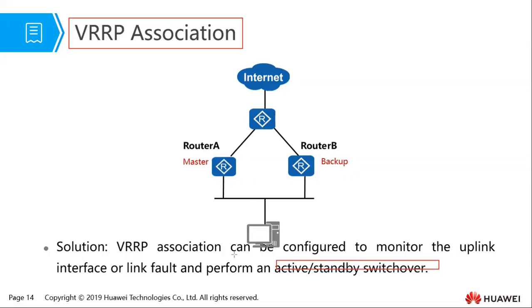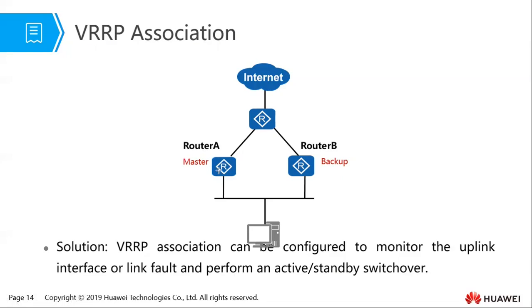So that is the solution for detecting a failure on the uplink. VRRP Association will be able to detect the status change of the interface that is not enabled with VRRP.